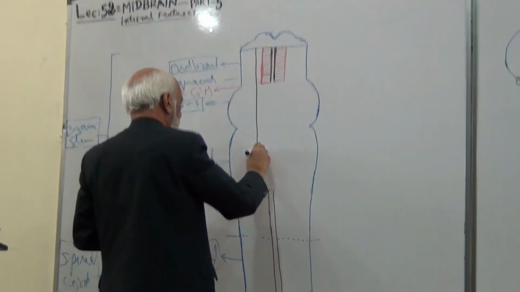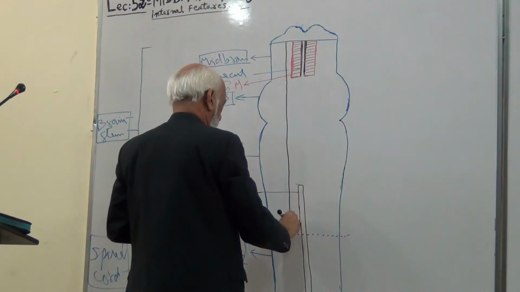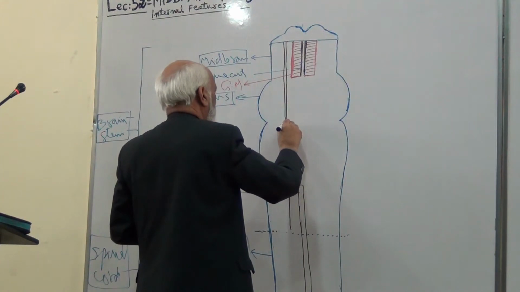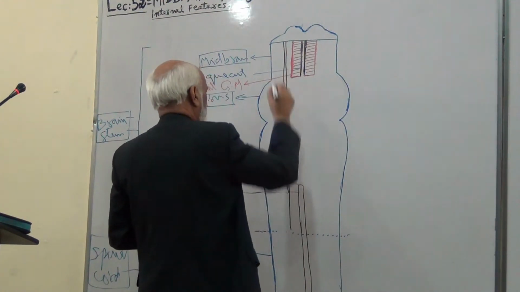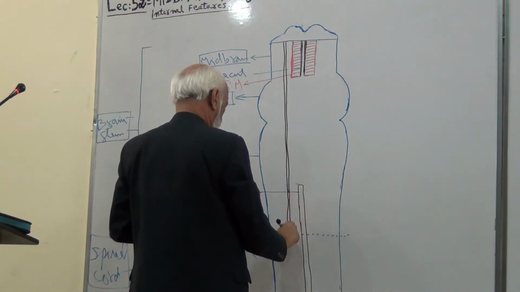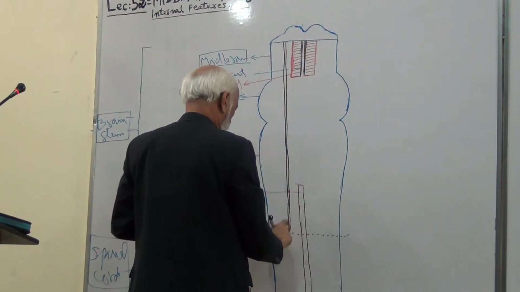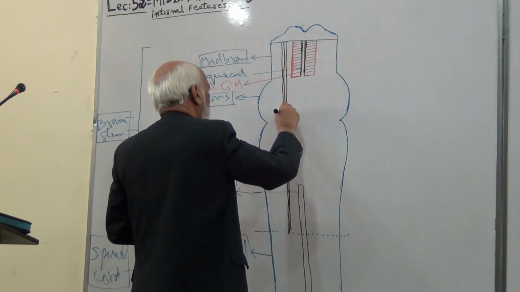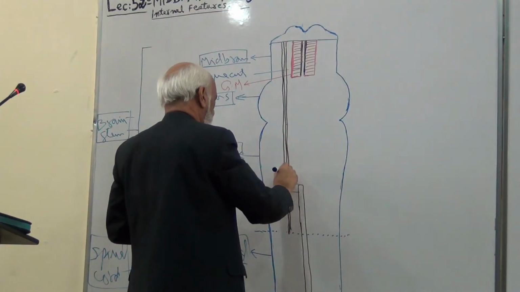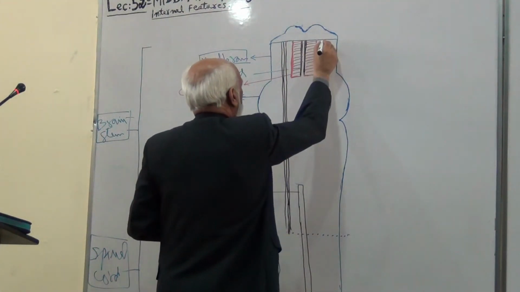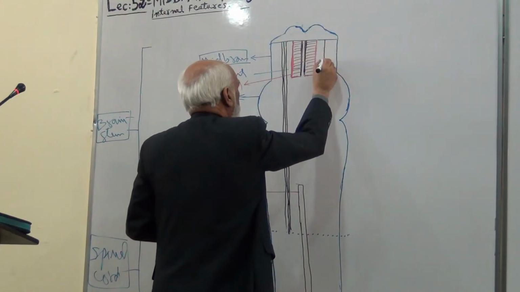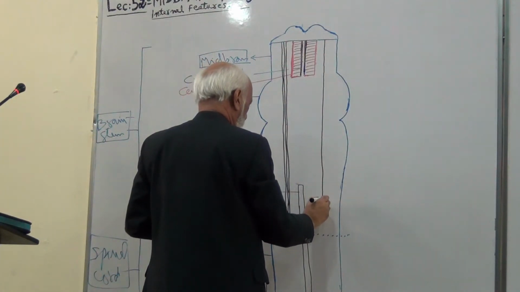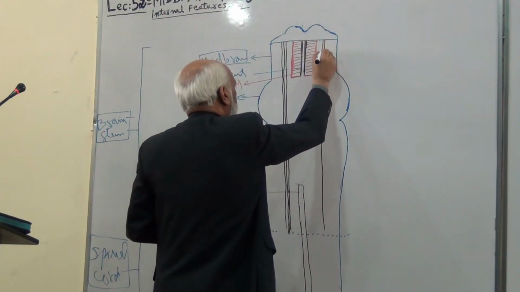Suppose these are the fibers of medial longitudinal bundle, parallel to the midline, comprising ascending fibers, descending fibers, and intersegmental fibers on each side of the midline, traversing the brainstem.